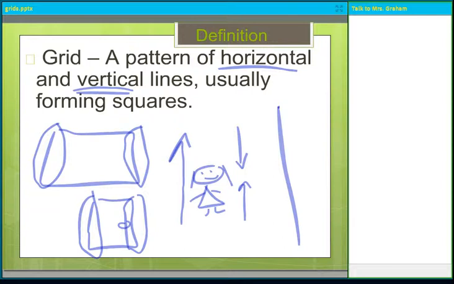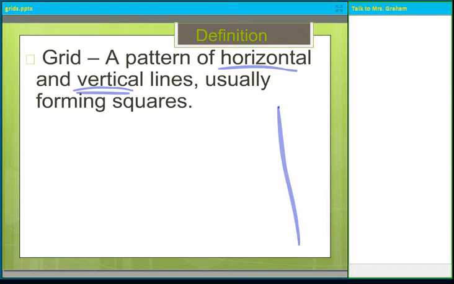That makes them vertical. Now, if up and down is vertical, what do you guys think horizontal is? What do you think horizontal is? Raise your hand if you can tell me.